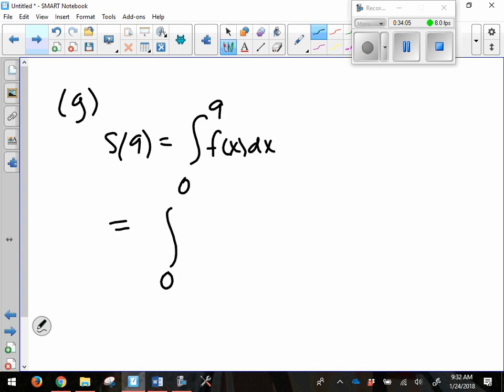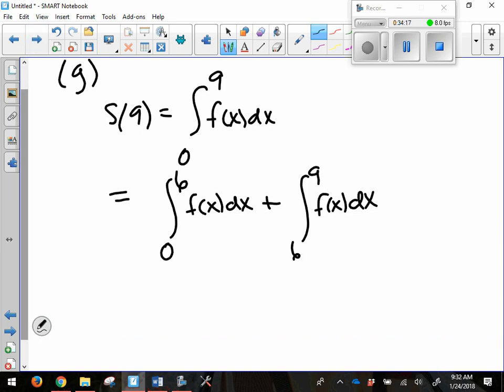Well, I know that from 0 to 6 is one thing, and from 6 to 9 is another. And of course, by the properties of integrals, I can take this integral and break it into two integrals. I can pick some point anywhere between 0 and 9 and break it up, as makes me happy.